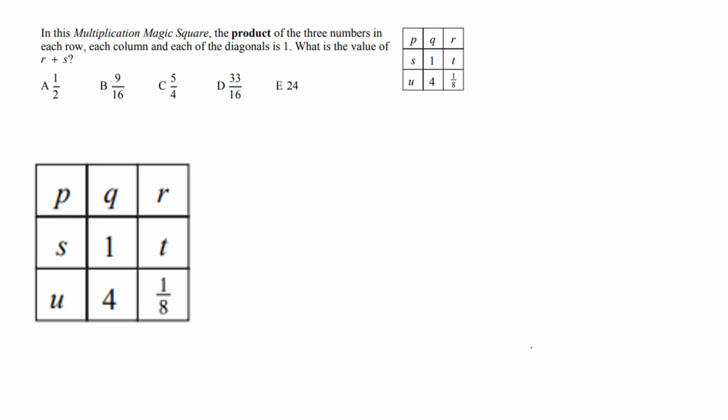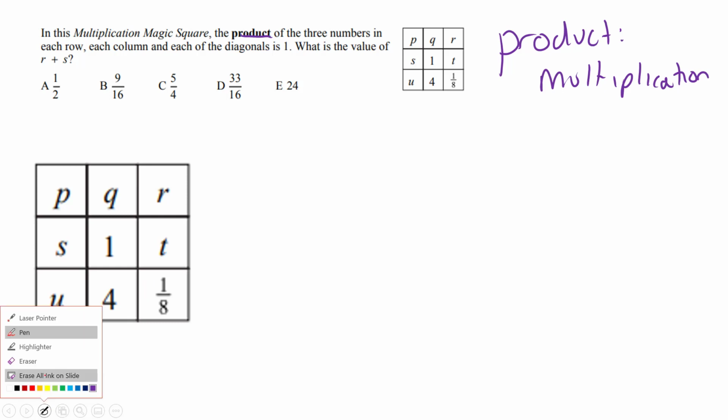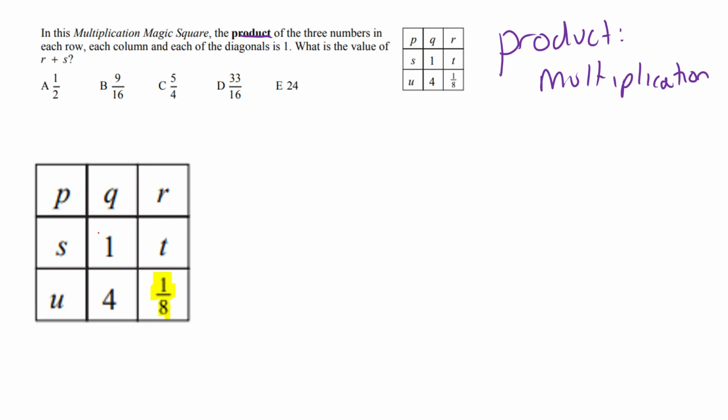Finally, we have this. In this multiplication magic square, the product of the 3 numbers in each row, column, and diagonal is 1. Now, product means we are multiplying things together. Product is a multiplication. So we have, for example, that this and this have to multiply together to make 1.